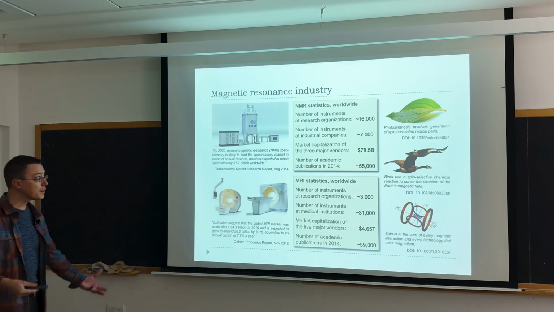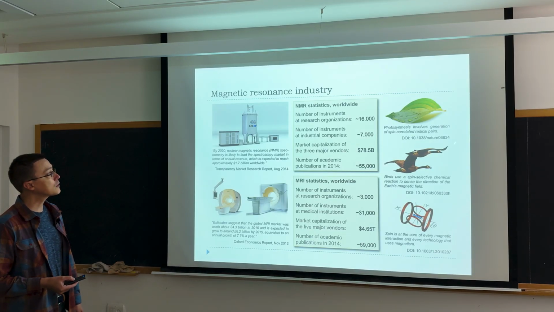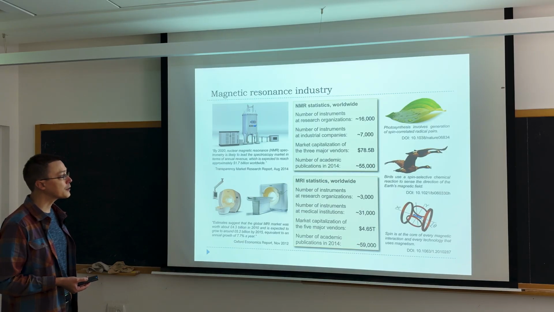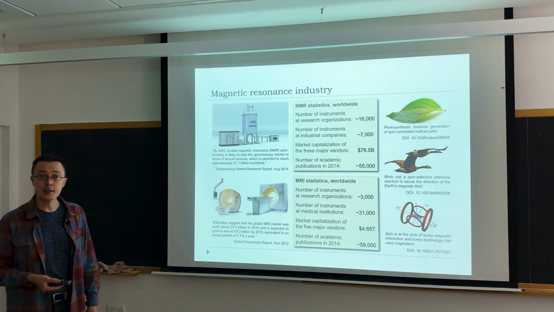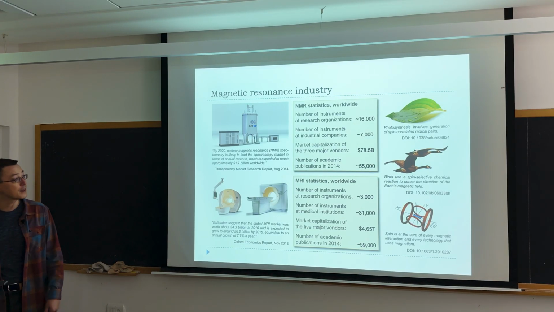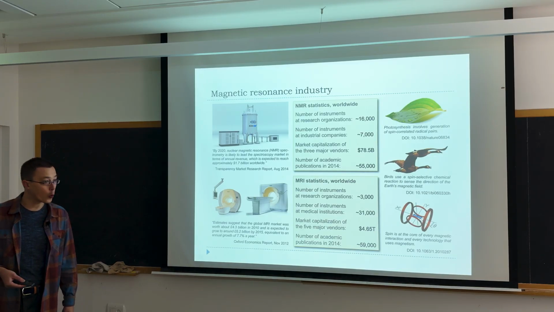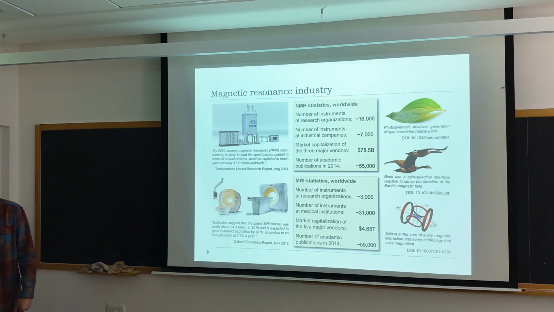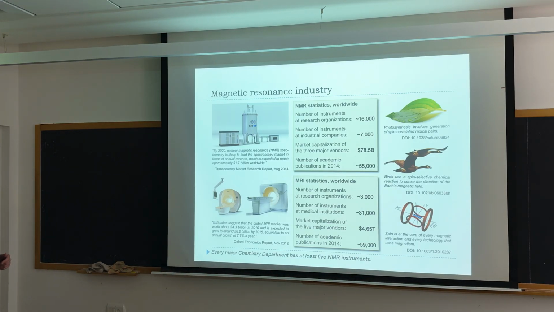Of course, spin processes are ubiquitous. Photosynthesis, for example, involves spin-correlated radical pairs. Birds use a spin-selective photochemical reaction for navigation, and spin is at the core of every magnetic technology, from magnetic data recording all the way to spintronics these days. And of course, as I've already mentioned, every major chemistry department has at least 5 of these.